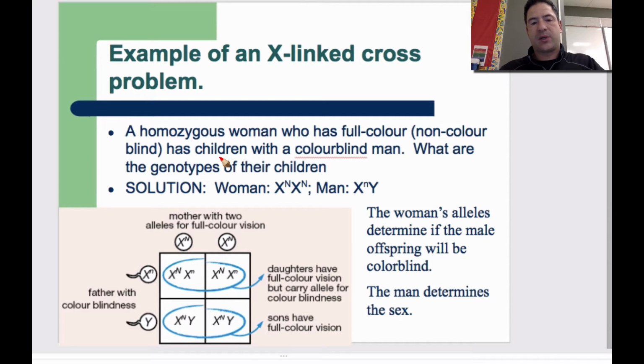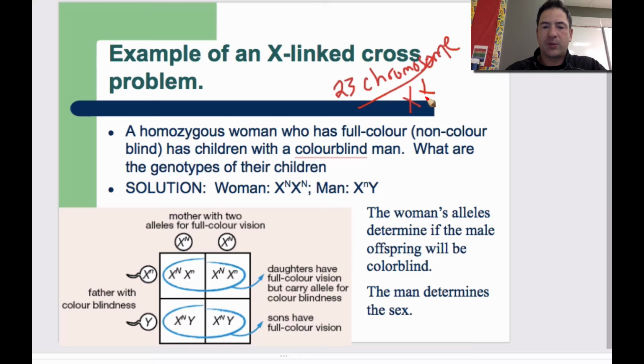Okay, so this is going to occur on the 23rd chromosome. Okay, so it's on the 23rd chromosomal pairing. So that is where it's XX in women and XY in men. So it's going to affect that.